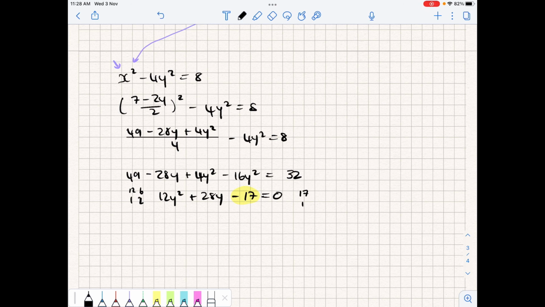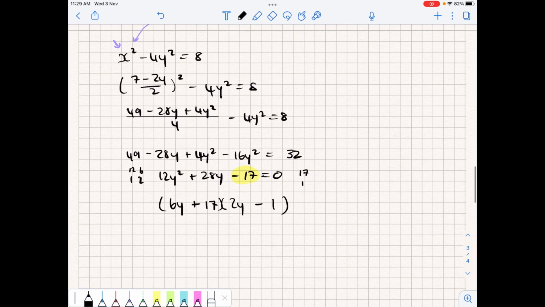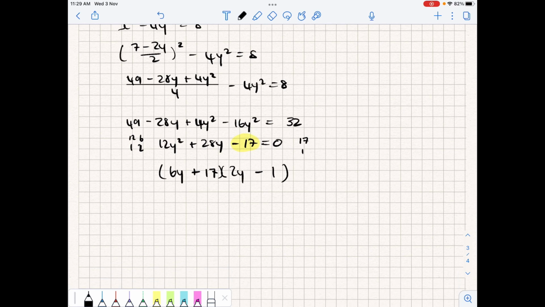Well, if I take two lots of 17 and I subtract 6, I'm going to get 28. So I'm going to use 6y and 2y, and I have 1 and 17, so I said I wanted two lots of 17, and I want to take away one lot of 6, and that will give me 28. So something to consider when you're trying to factorize is if one of the two numbers is a prime number, then you know at least one set of the two factors.